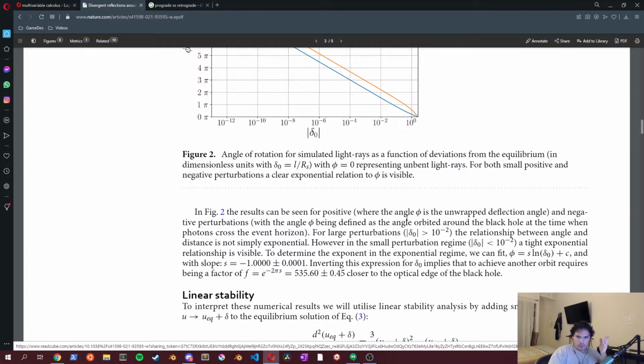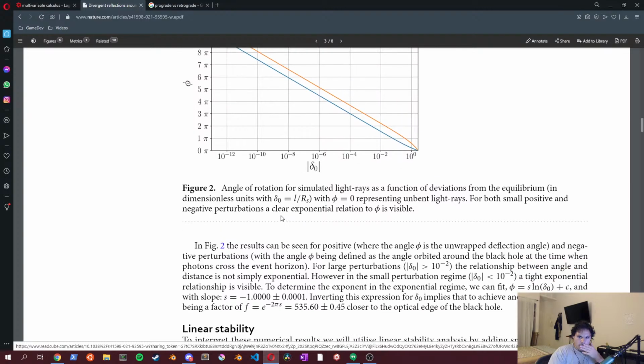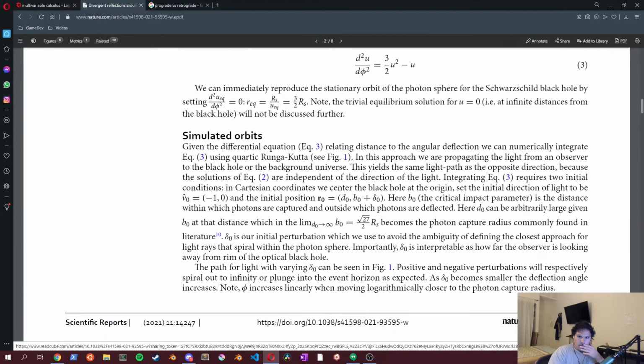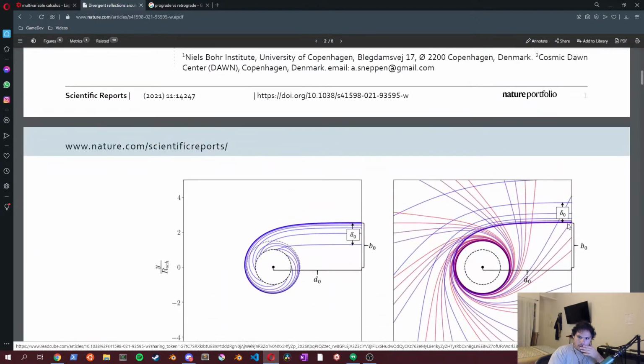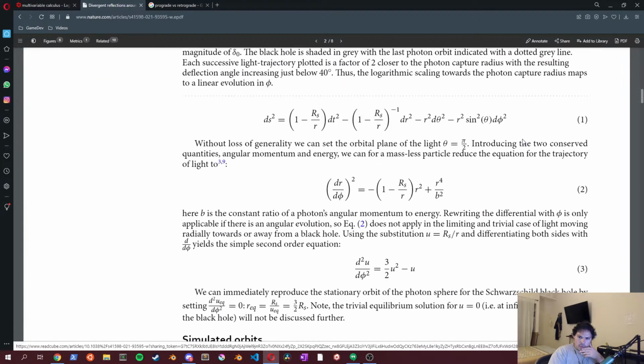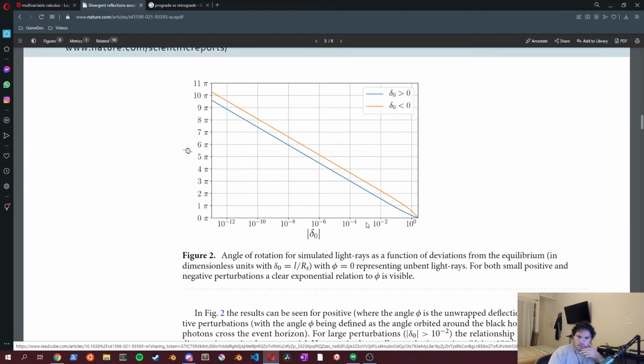But this only holds for, like I said, really small delta zero anyway. So this whole relationship only really holds in this little bit of space here. It doesn't hold out here. In fact, it only holds, what do they say, 10 to the minus 2.